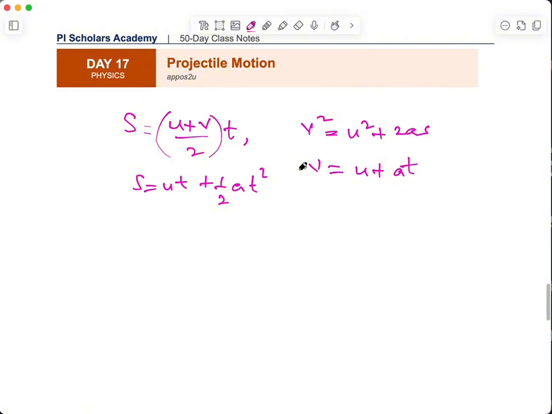Now, I'm going to be changing the dimension of these things. I'm going to be talking about upward and downward movement. So whenever an object is thrown upward at a certain velocity, or the object is made to fall freely from a certain height downward, these objects also undergo uniformly accelerated motion.